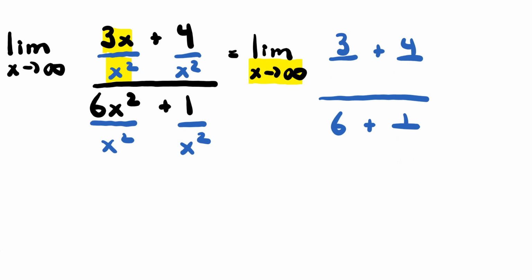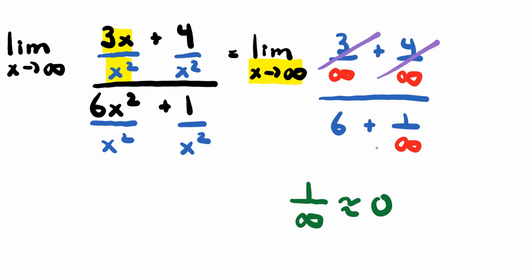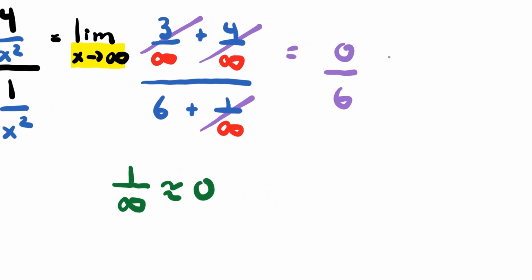So logically, if I just show you what that looks like, you would insert these infinities. But remember, you need to use the fact that 1 over infinity is technically really 0, right? So what we're saying is this goes to 0, that goes to 0, and this goes to 0. And it turns out your numerator is 0 and your denominator is 6, and 0 divided by 6 is going to be 0.